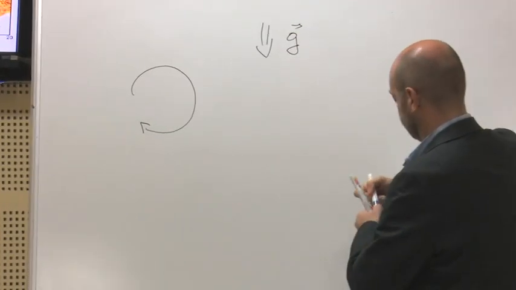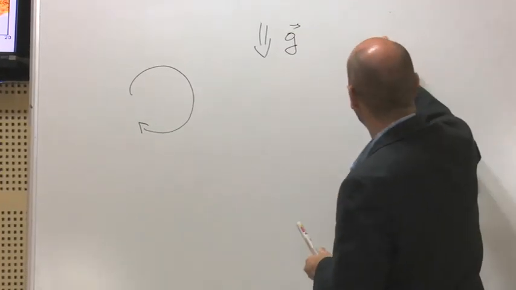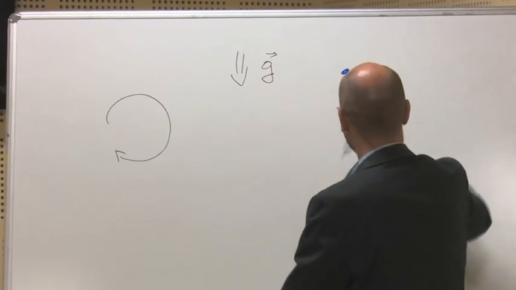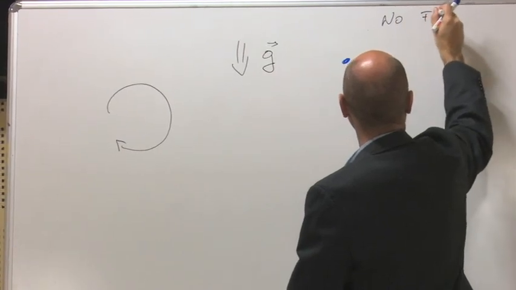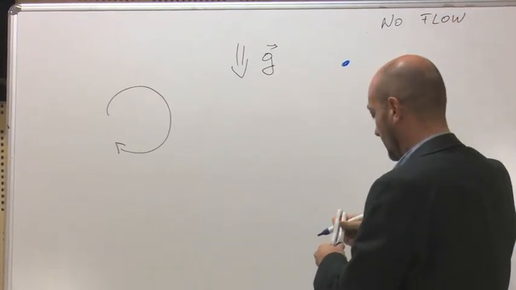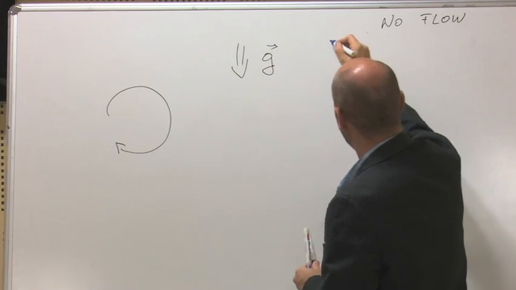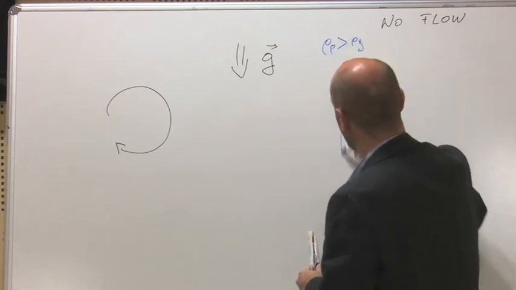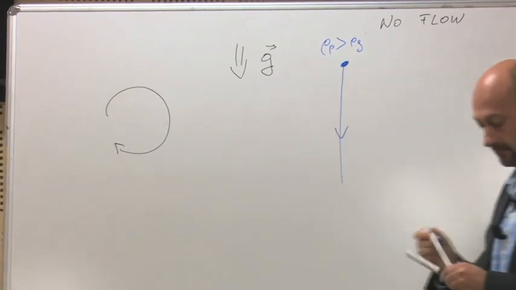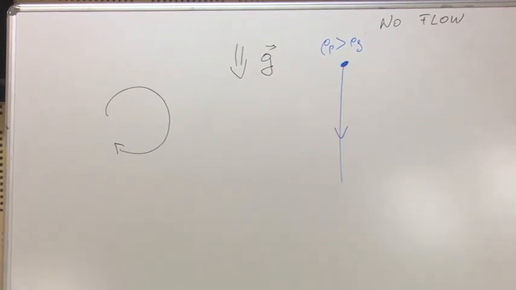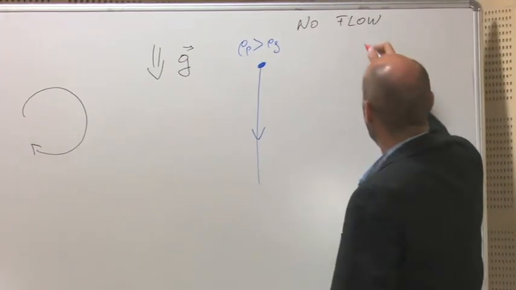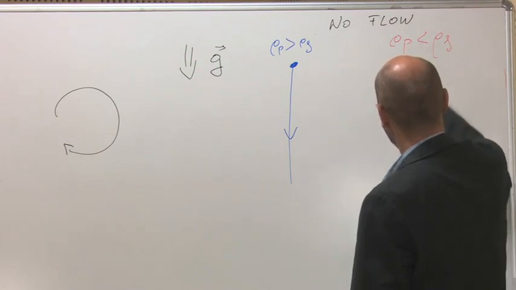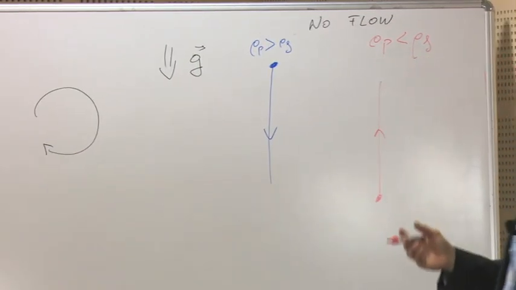We know that when we have no flow, if rho p is larger than rho f, the particle is going to settle. And if rho p is lower than rho f, then the bubble, for example, is going to rise.